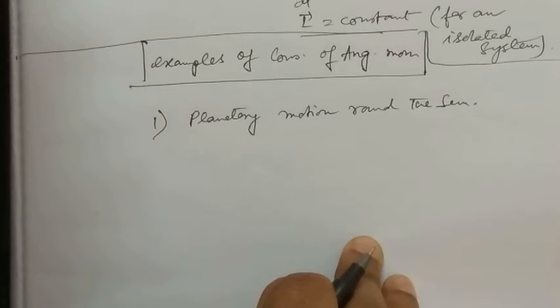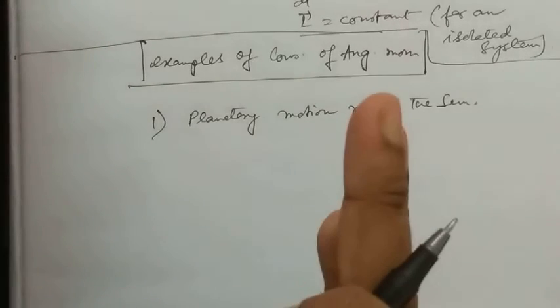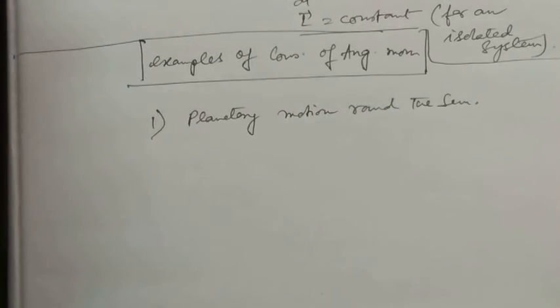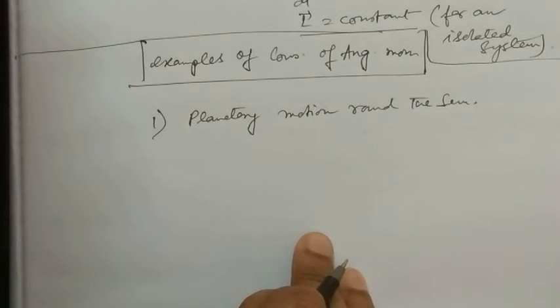So its moment of force is 0, and therefore the angular momentum of the orbiting planet remains constant.